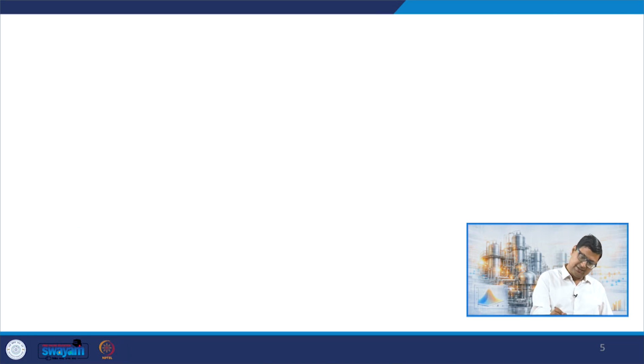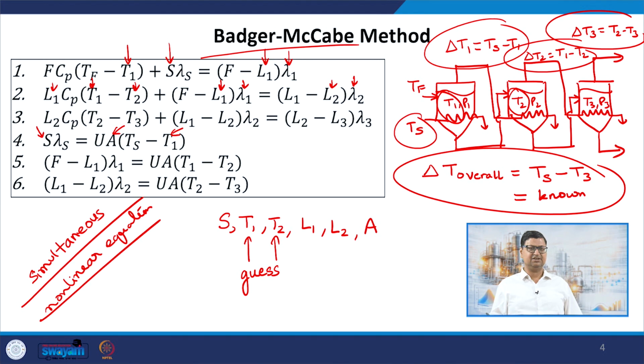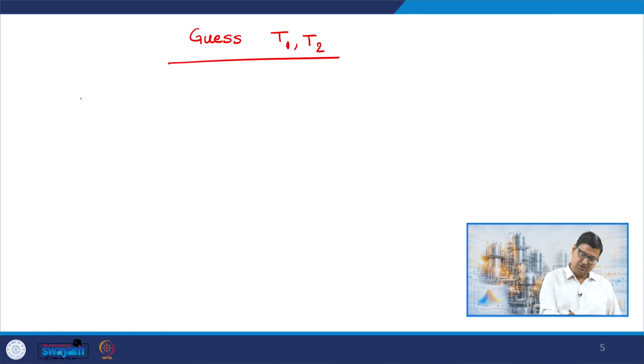So now, let me say that we have guessed my T1 and T2. I want you to focus on the last three equations, the heat exchange equations appearing here. So we have S lambda S is UA times Ts minus T1.